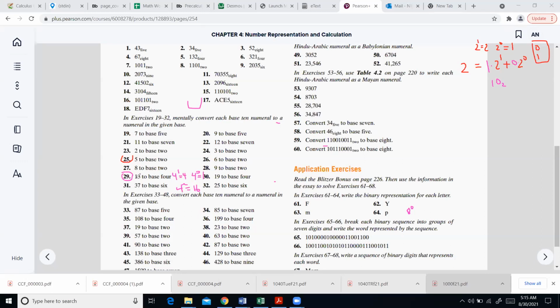Well, so when I try to rewrite this 13, then I need to see how many 4s it has. And it looks like if I take 3 times 4, right? 3 times 4 to the power of 1. And then what remains after we get that 12, it'll be another 1, right? Multiplied by 4 to the power of 0.